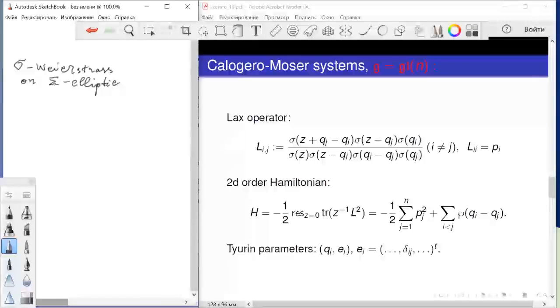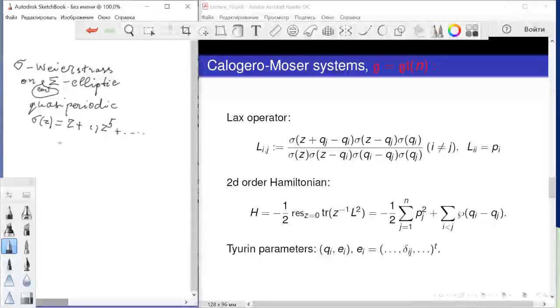It's a function on its covering, which is quasi-periodic, and such that sigma of z is equal to z plus something, z to the 5 plus and so on.